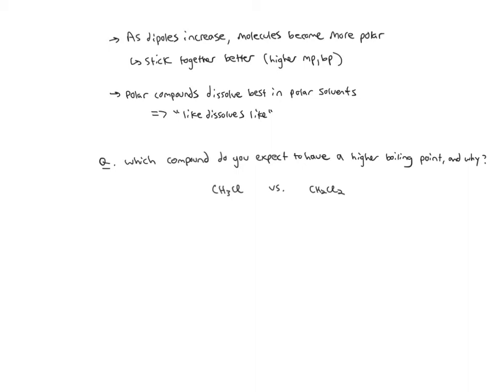Just as an example of a question for this section, what compound do you expect to have a higher boiling point and why? We're thinking about which of these two has molecules that stick together better, are harder to separate, and take more energy to separate and make a gas. Let's draw out the structures just so we can see what we're dealing with.